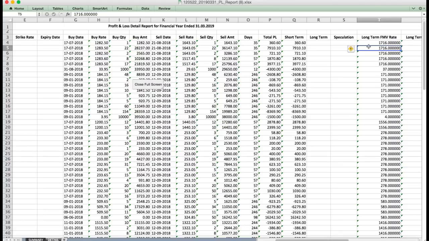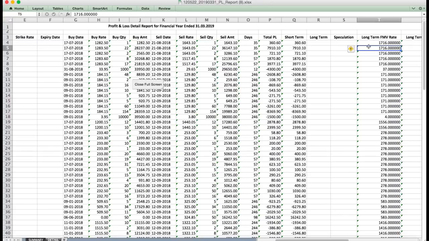But for taxation purposes, your profit and loss will not be counted as 50 rupees if the long term value, that is the value on 31st Jan of that particular year, is above the buy rate. For example, if you purchased at 100, and the closing rate on 31st Jan was 130, then your buy rate will be taken as 130 for taxation purposes, since it is more than your buy rate.